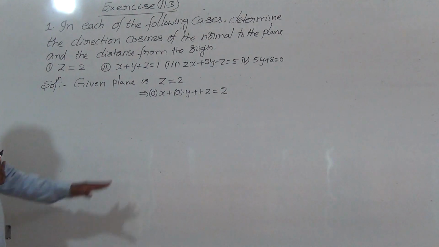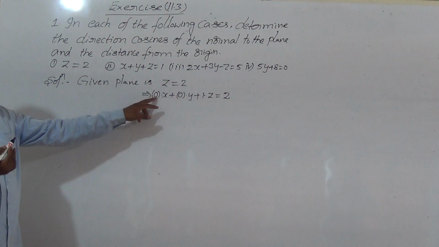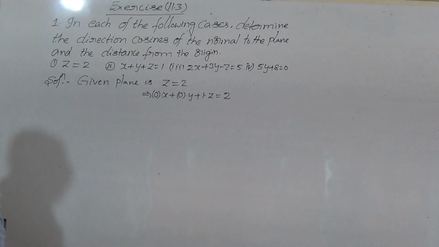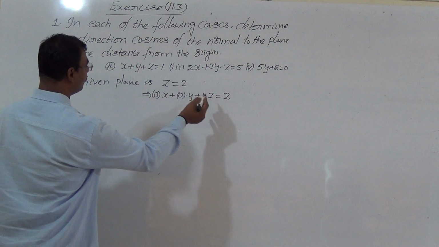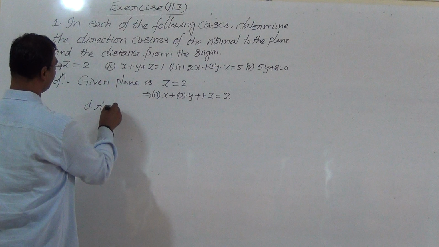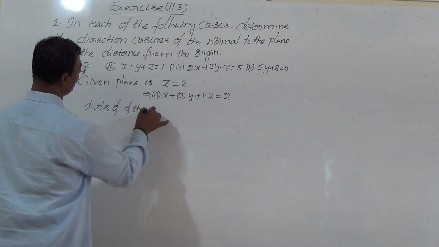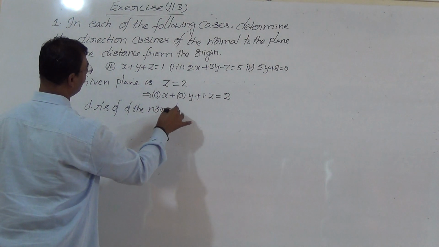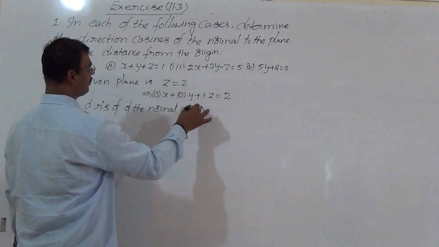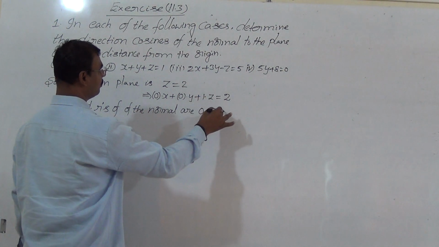This is the general form of a plane equation, that is ax plus by plus cz is equal to d. What are the direction ratios of this normal? The x coefficient is 0, the y coefficient is 0, the z coefficient is 1.